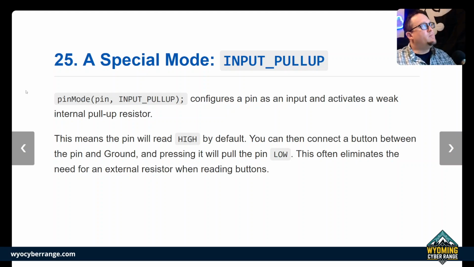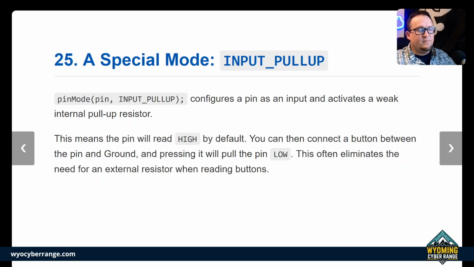We may want to say the pin mode is pin 8, and it's an input, but it might be a pull-up. So basically what this means is the pin will read as high, even if we don't push anything. So if we don't do a pull-up, then it's going to think that off is low.